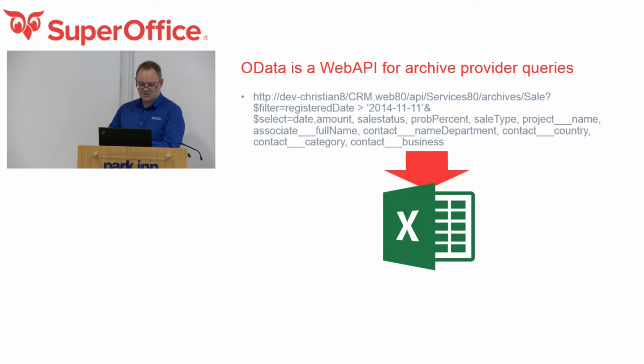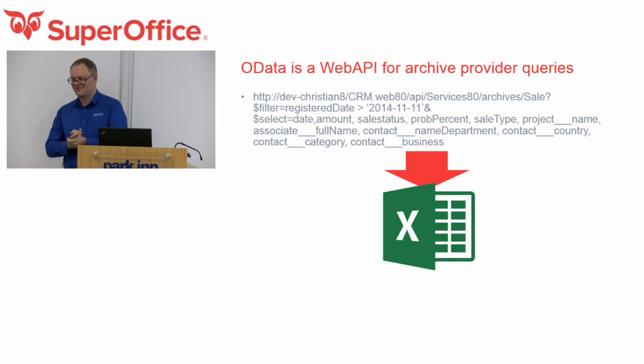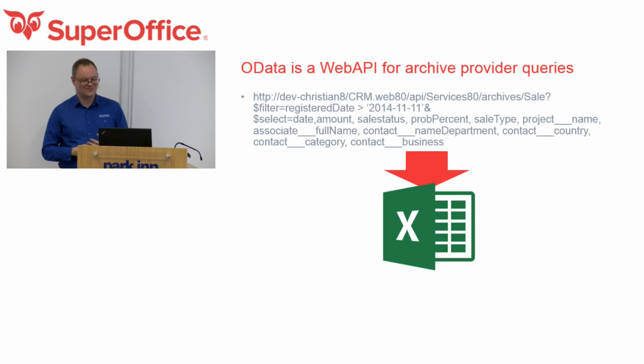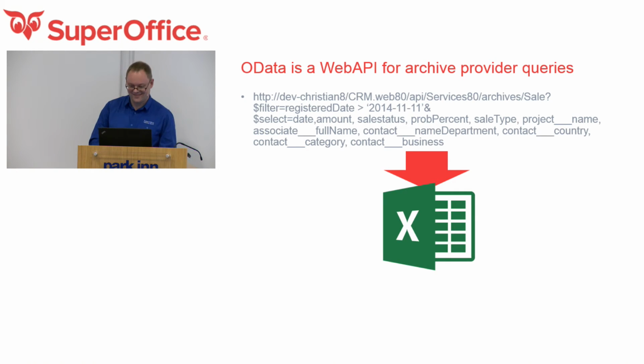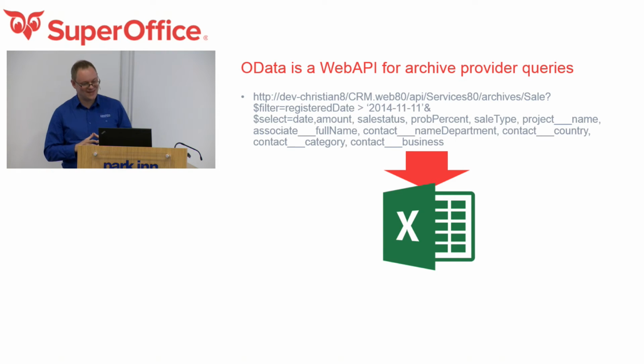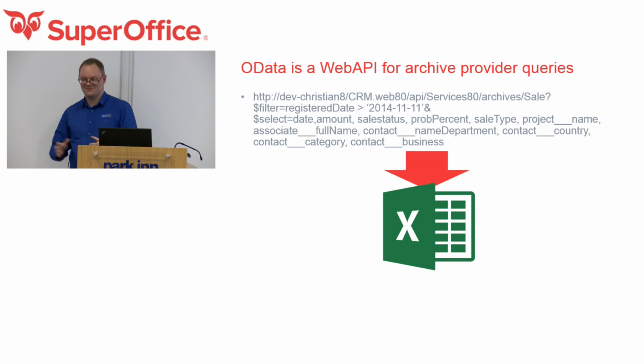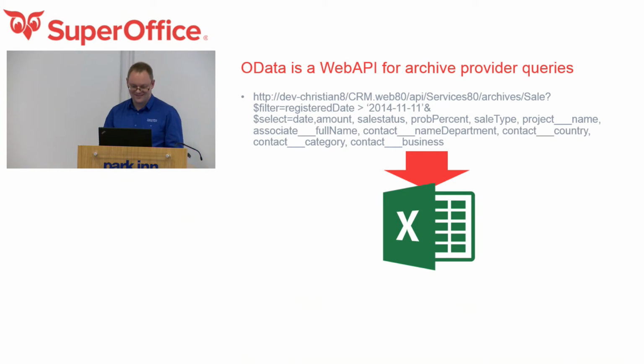And then you see project_name, because slashes, which we use as separators in there, aren't allowed in XML, so we have to change them into something else. So underscore is our friend. So we end up with these slightly strange field names, but they all map one-to-one to the archive provider names.